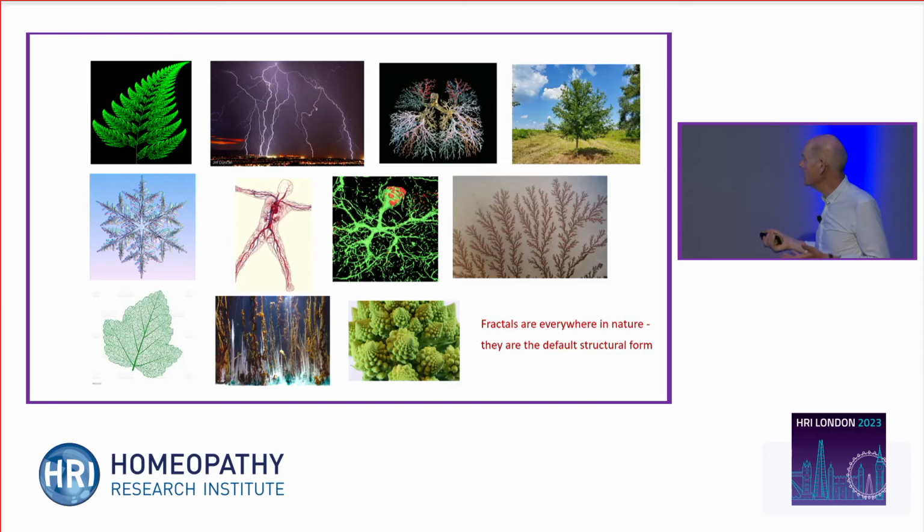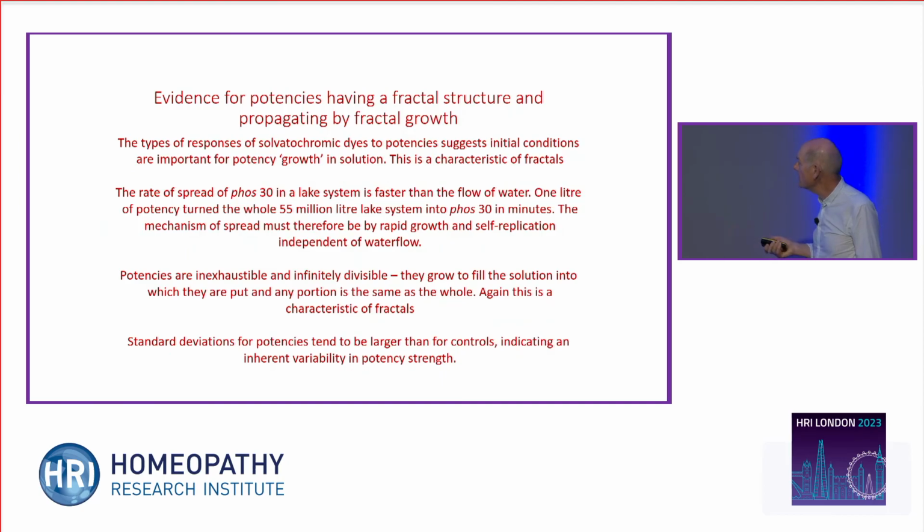And fractals are everywhere in nature. I mean, there are so many different examples. All of these are examples of fractal growth. This is a chemical system of copper crystals, how they grow, and we saw that yesterday in Stefan's talk. So why not potencies?